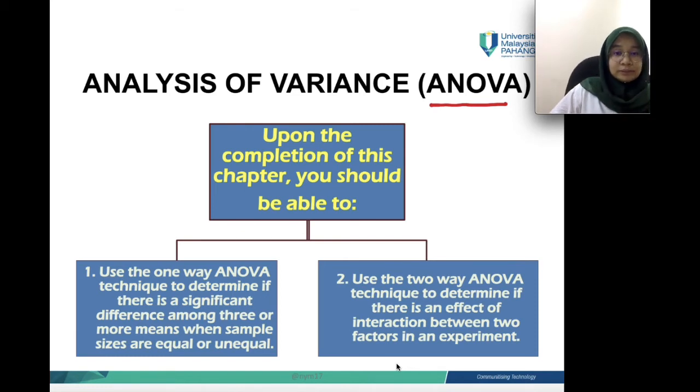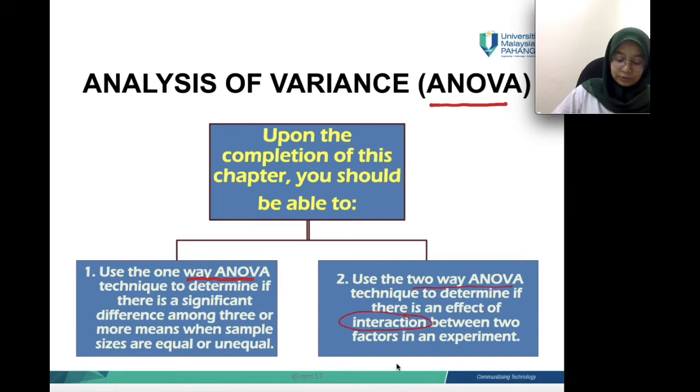Upon completion of this chapter, you should be able to use one-way ANOVA to determine if there is a significant difference among three or more means. So we deal with more than two population means. For the two-way ANOVA, we talk about the interaction.